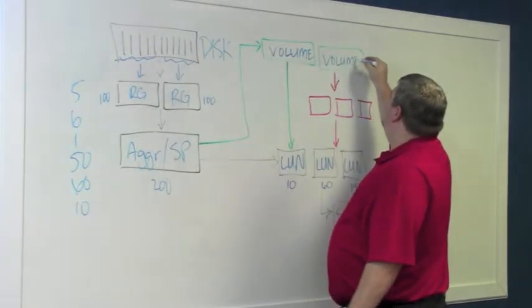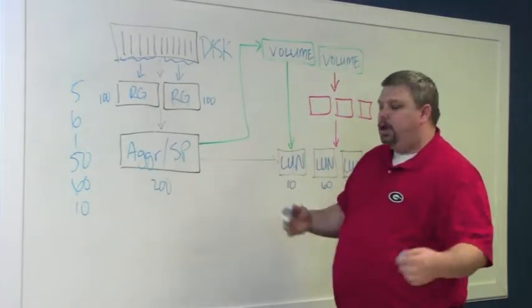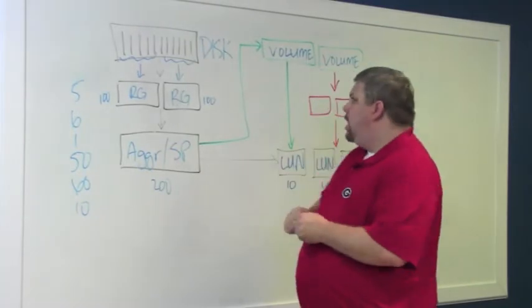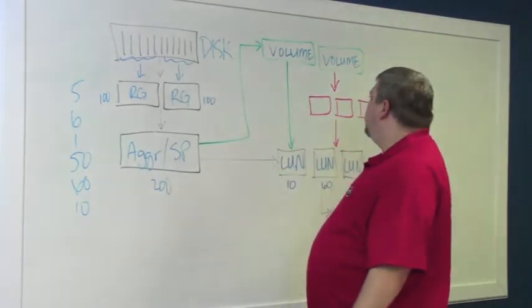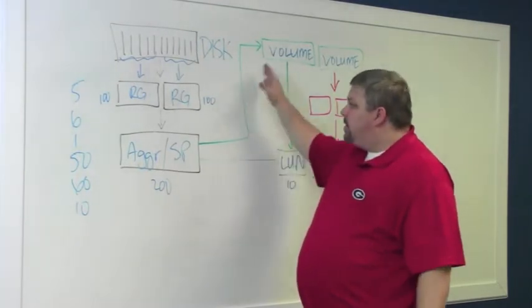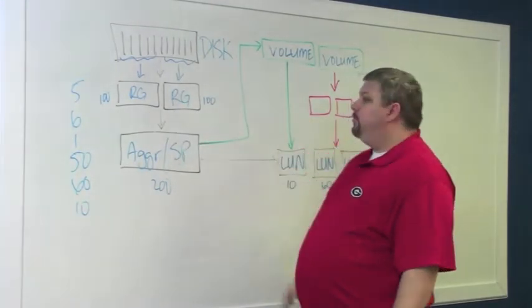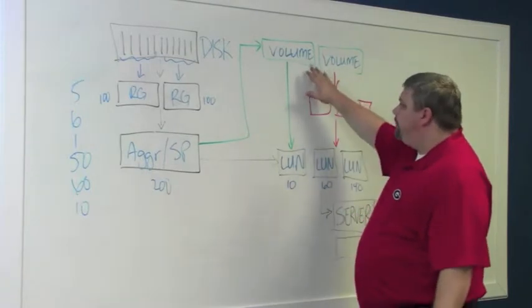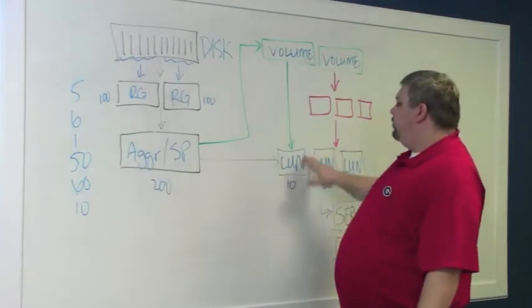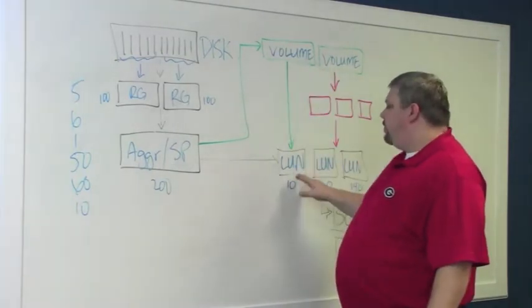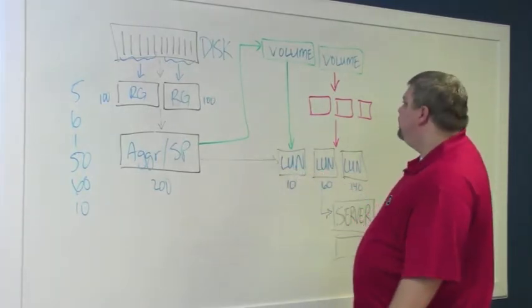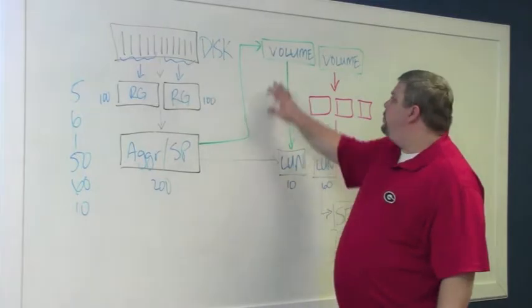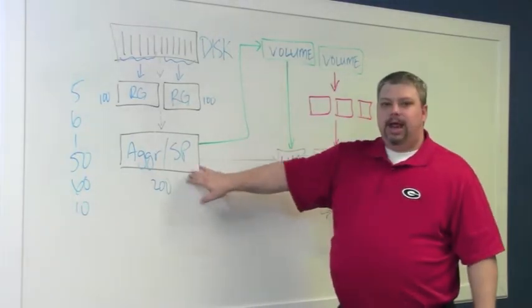You've heard that term before because volumes are all over the place. A volume is a subset of a storage pool or an aggregate, or it could even be a subset of multiple RAID groups, for example. This volume then gets presented. From there, you carve LUNs out of it, and then you put those out to your server. Again, you might have multiple volumes from an aggregate.